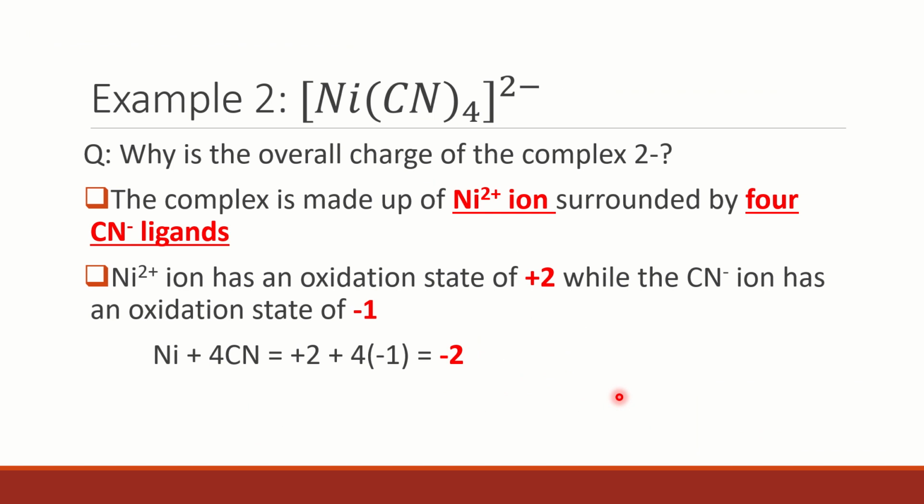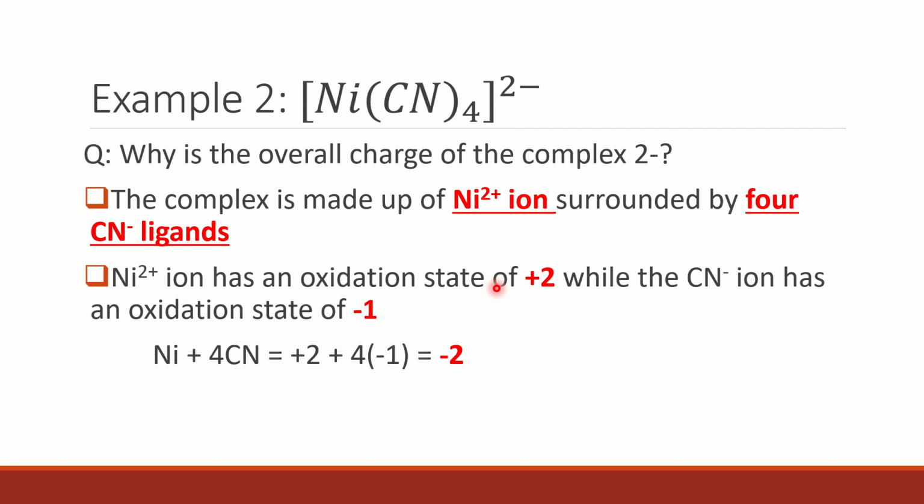Here I have nickel Ni2+, and then I have the cyanide CN minus, 4 in brackets, and then the charge 2 minus. Why is the overall charge 2 minus? Here, the nickel is Ni2+ ion, and the CN is actually our ligand. But it's not just a CN molecule, it's actually a CN minus ion.